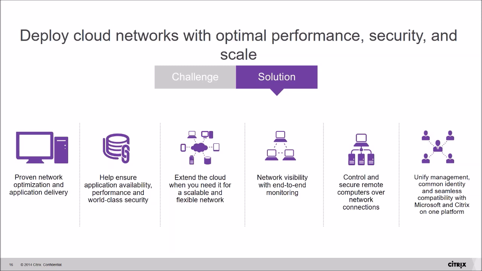NetScaler is a key component in delivering that capability. It also provides unified management where we're dealing with a range of resource locations. We really need to be able to manage and monitor applications and desktops across all of those environments. So having a unified management capability is key, and NetScaler is integral in helping us deliver that capability.